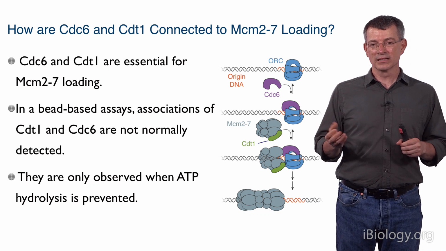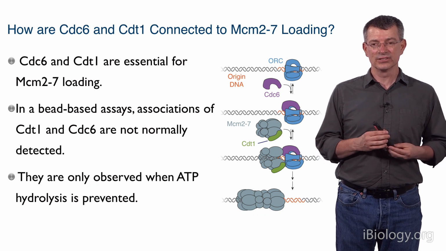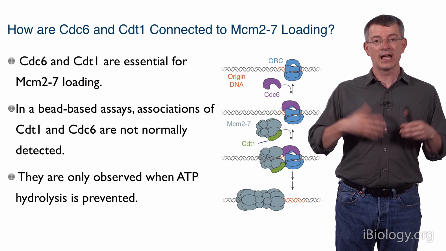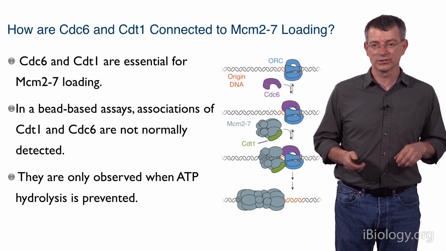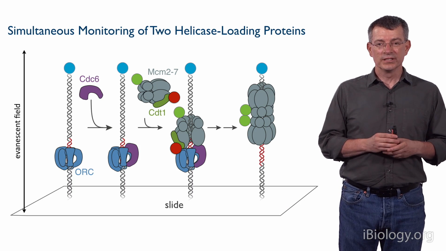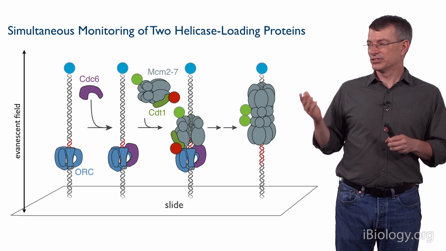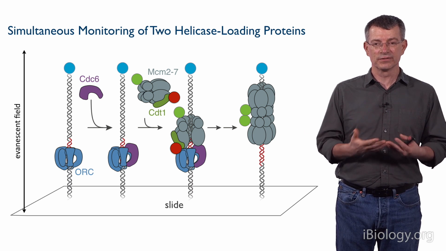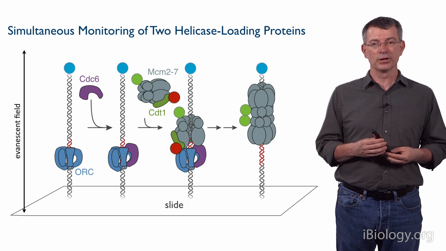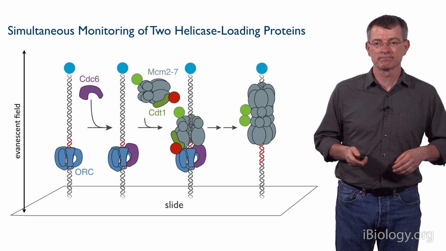So we thought the single molecule setting would allow us to monitor these events and get an idea, for example, of how many CDC6 molecules it takes to load 2 MCM hexamers. So we did this again by labeling either Cdt1 and MCMs or CDC6 and MCMs with different colored fluorophores, so we can monitor both molecules at the same time.